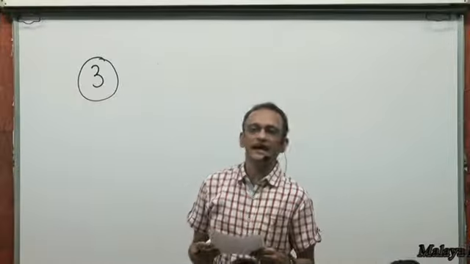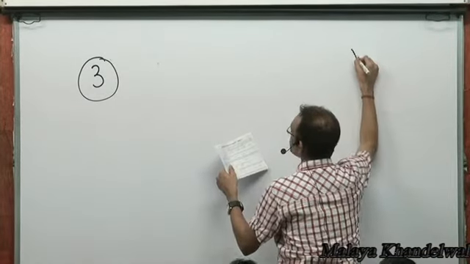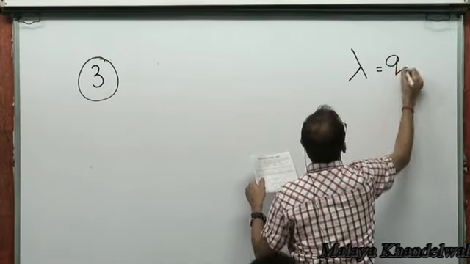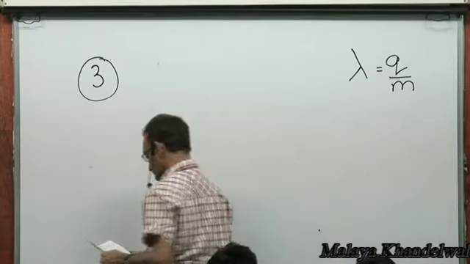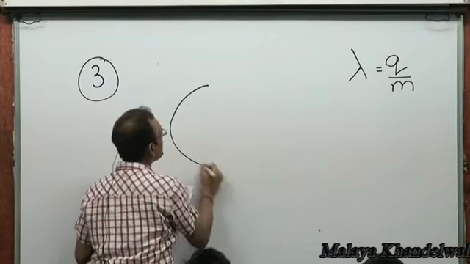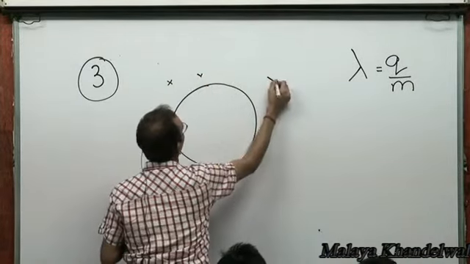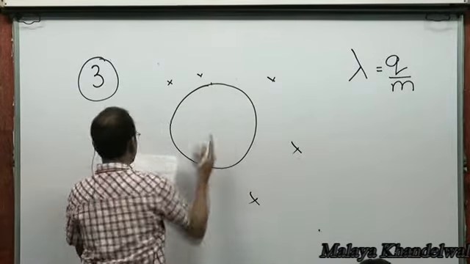Two particles A and B with identical charge to mass ratio lambda. A magnetic field B exists perpendicular, let's say, to this plane.